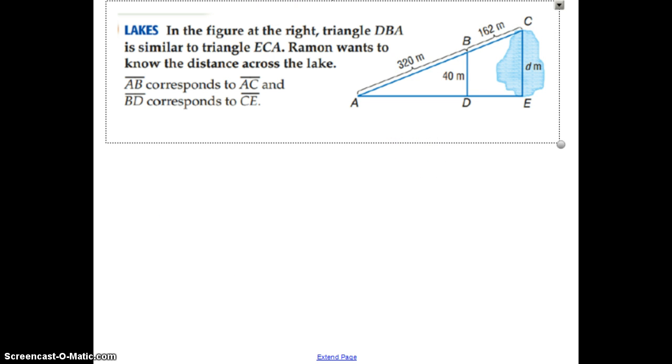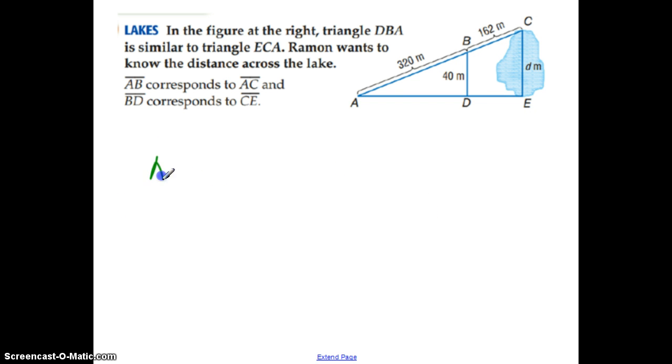So AB corresponds to AC, and BD corresponds to CE. So I can set up a proportion here. AB is proportional to AC, and BD corresponds to CE.